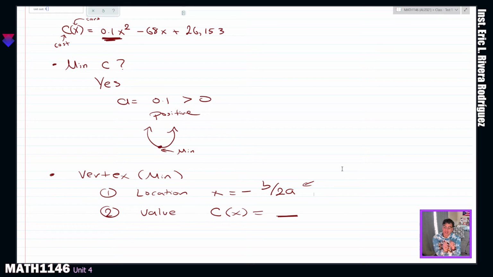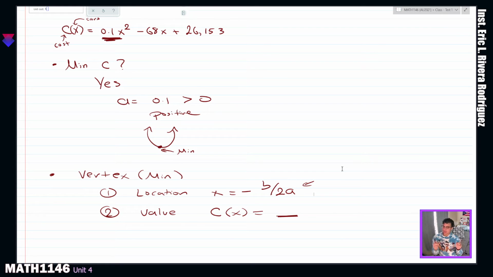So in order to answer that question, we need to answer first, how many cars they need to make in order to reach the minimum cost. That means, in terms of unit number 4 of the quadratic equation, what is the location of the vertex? What is the x value of the vertex? Knowing the x value of the vertex, then we can get the value of the function, right?